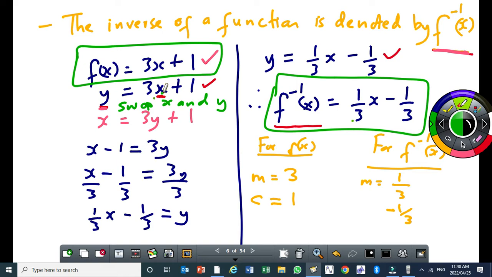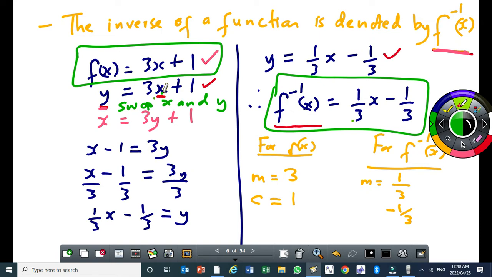Then in maths you should know that always we make y the subject because it's a dependent variable, it's an output. So we make y the subject. If you make y the subject, you take the 1 to the left, you get x minus 1 equal to 3y. Then you divide every term on the left and the right by 3. You come to a third x minus a third equal to y.